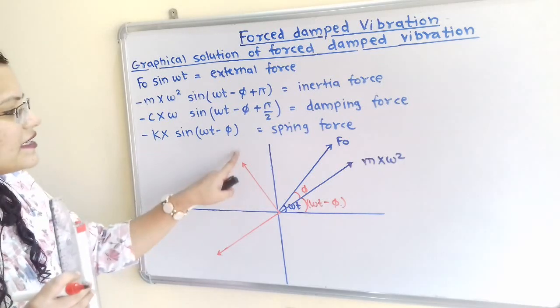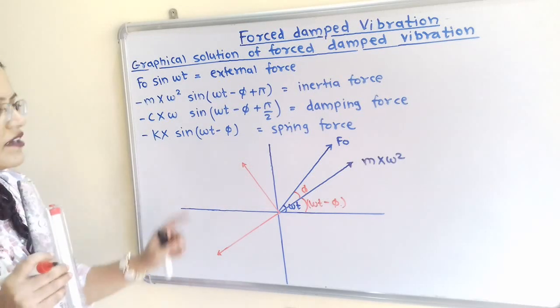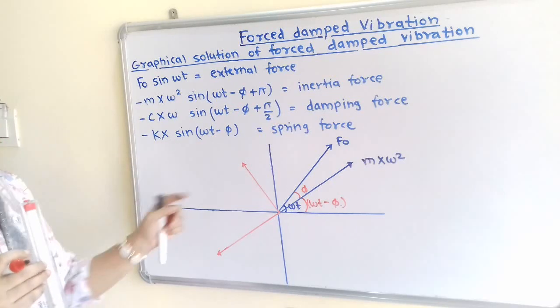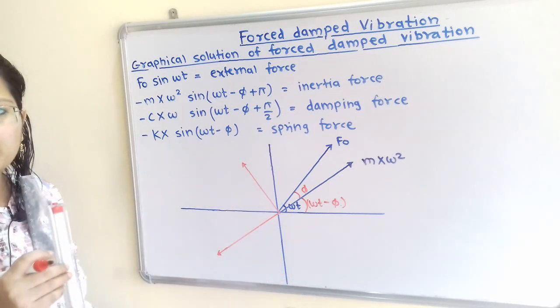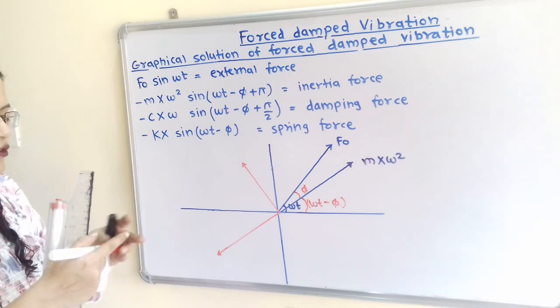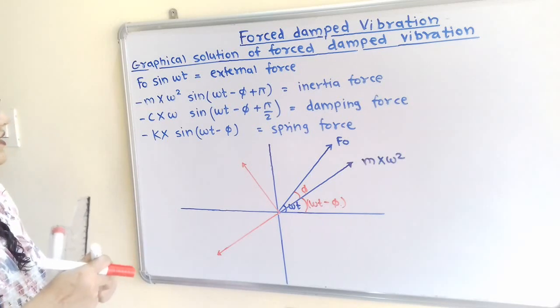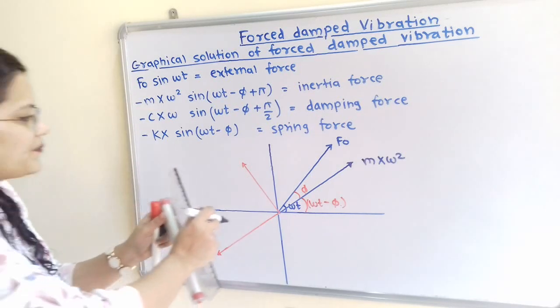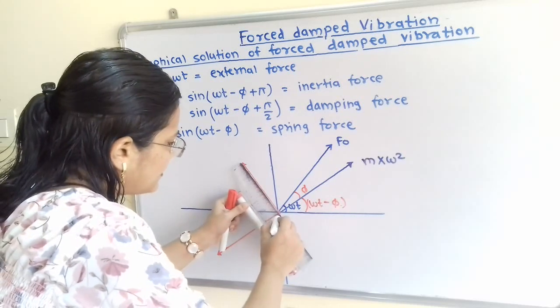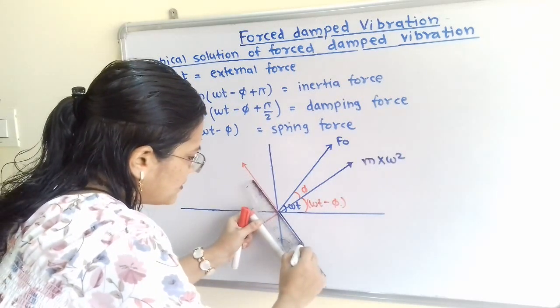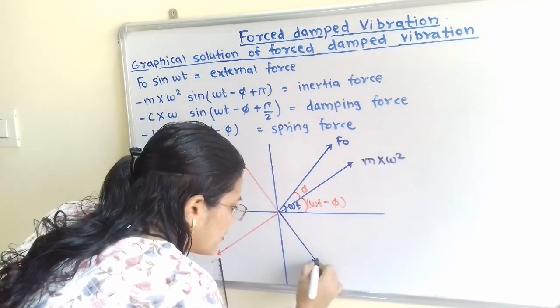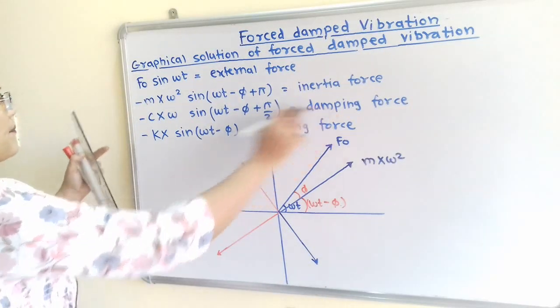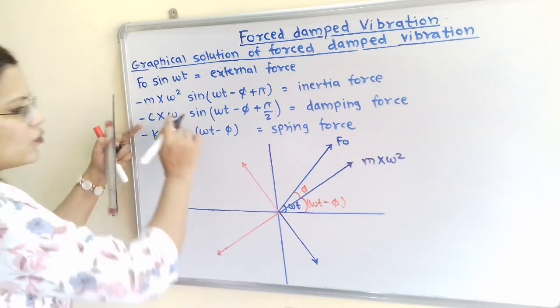So this line is in the second quadrant, but because of the negative sign we have to take it in the opposite quadrant and exactly opposite to this. So we will show this in the fourth quadrant. So I will take this line in the fourth quadrant, and this force vector is damping force, and it is C x omega.